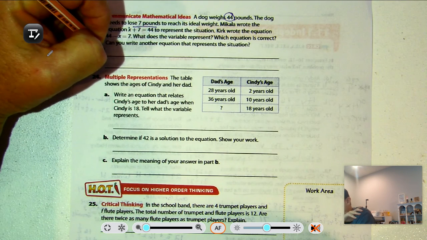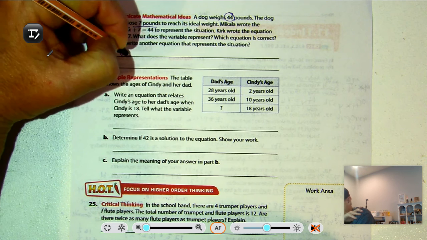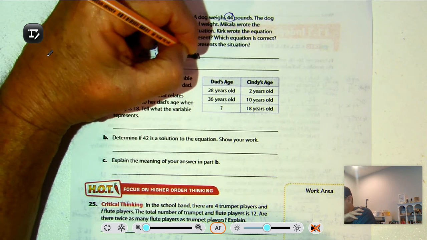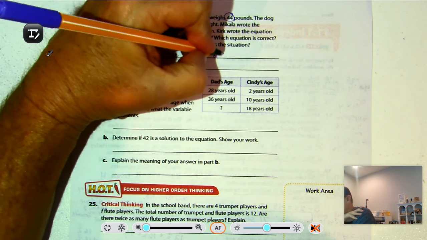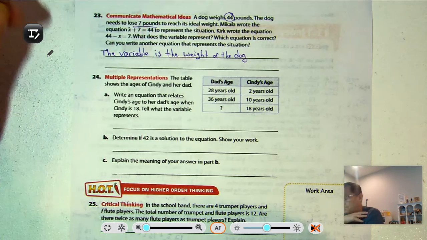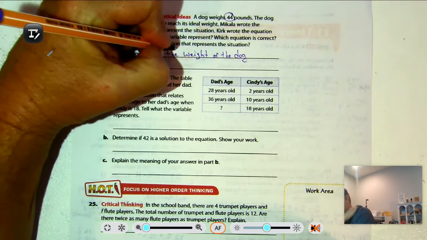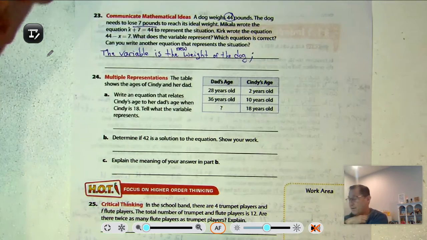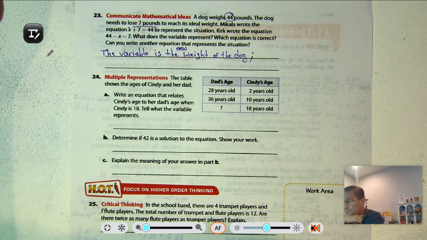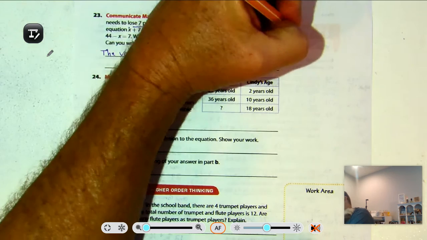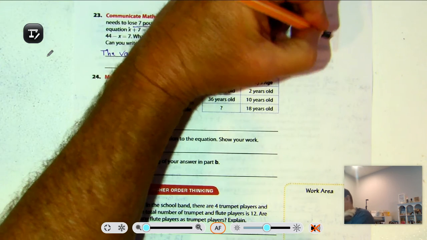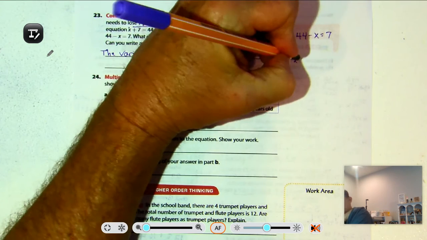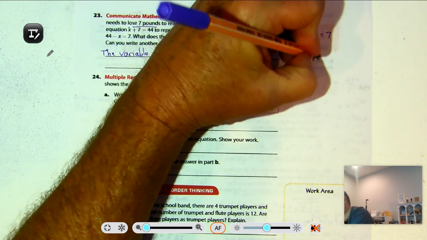So the variable is the weight of the dog. Let's say the new weight of the dog. Which equation is correct? Well, 44 minus x is 7, and x plus 7 is 44.